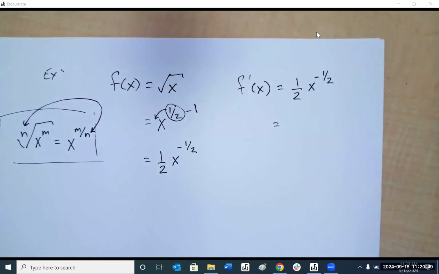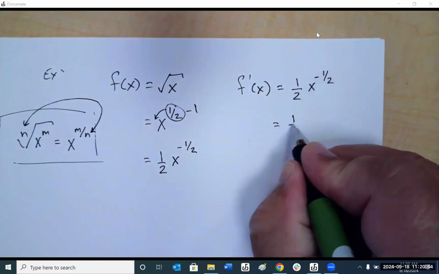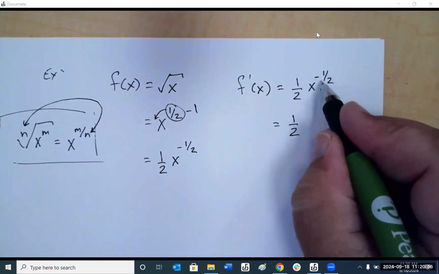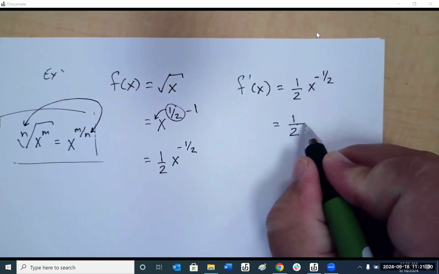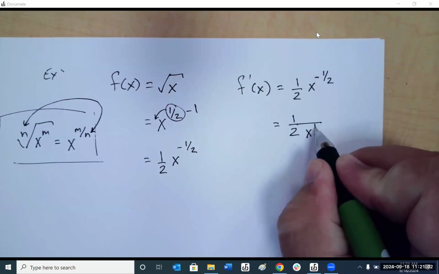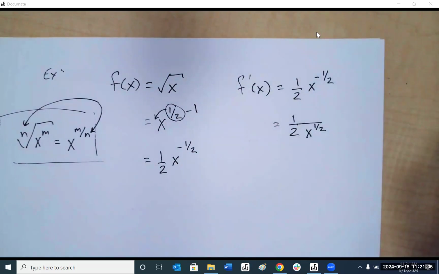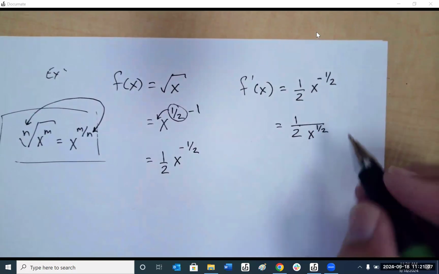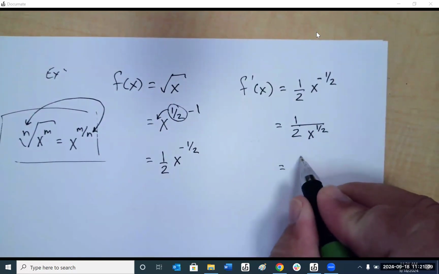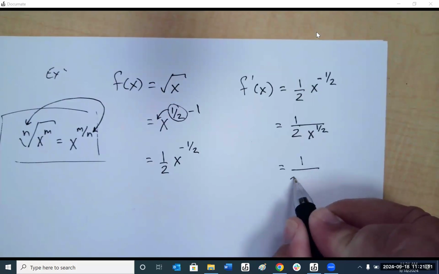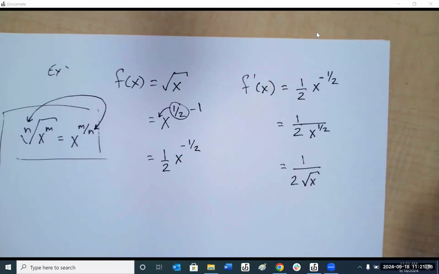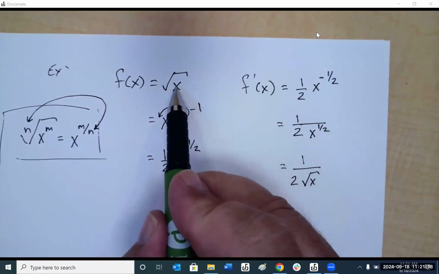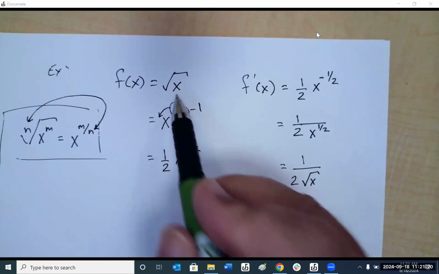Let's write this now in normal math. We have 1 over 2. This negative exponent tells us what? It goes on the bottom. Now the square root exponent tells us what? It's the square root of x. Remember, when we switch from square root of x to that, we're just going backwards now.